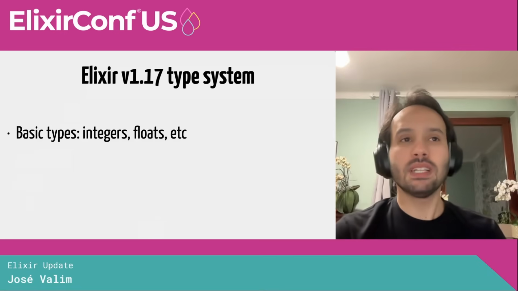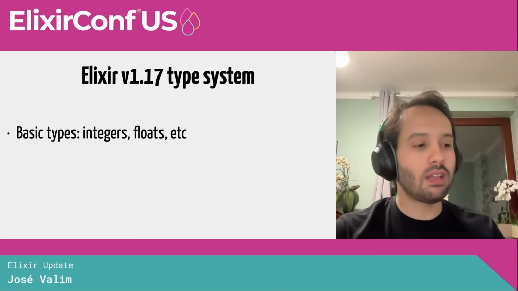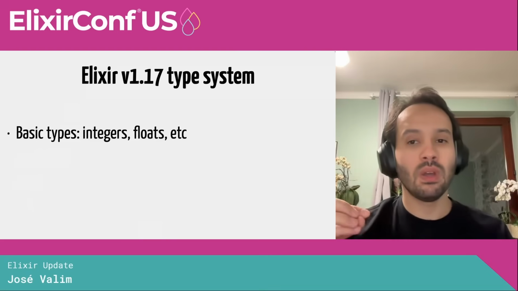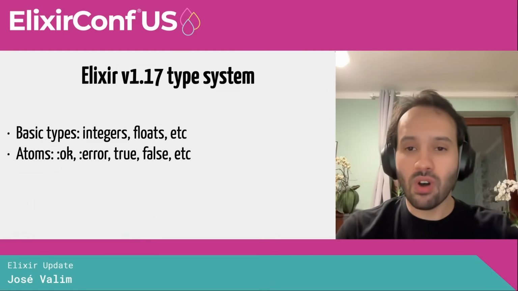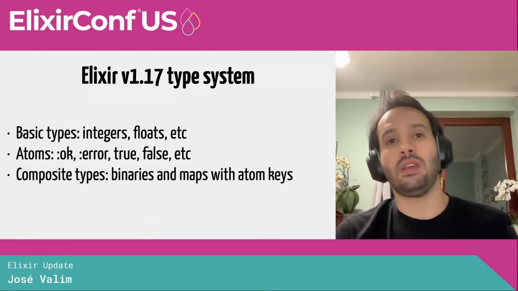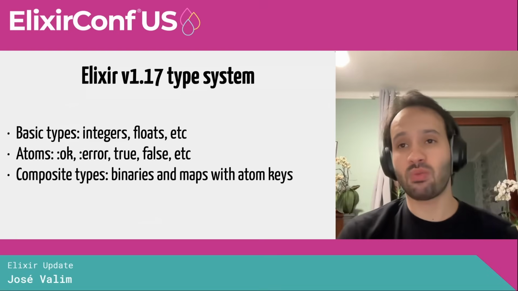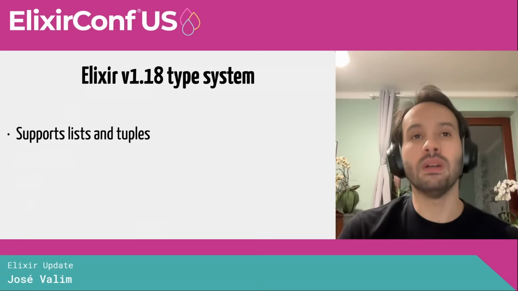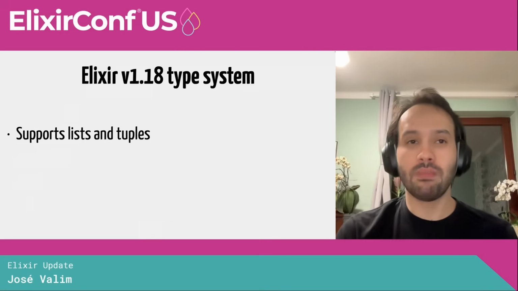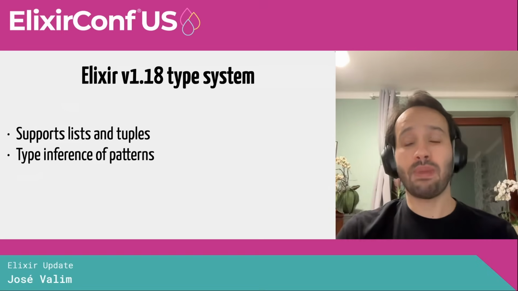What we did in 1.17 is that we started implementing the type system. We taught it about integers, floats, also atoms, okay, error, true, false, and we taught it about binaries and maps with atom keys. Then Elixir 1.18 came, and we started supporting lists and tuples. We started supporting type inference of patterns.